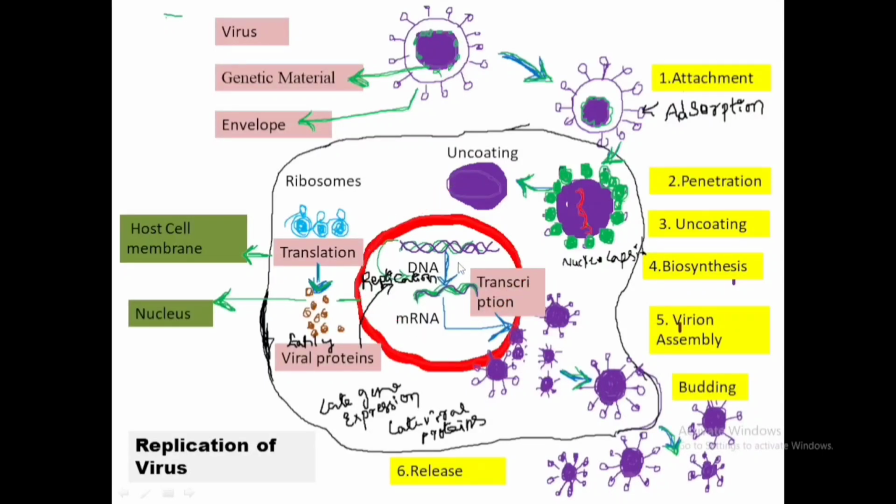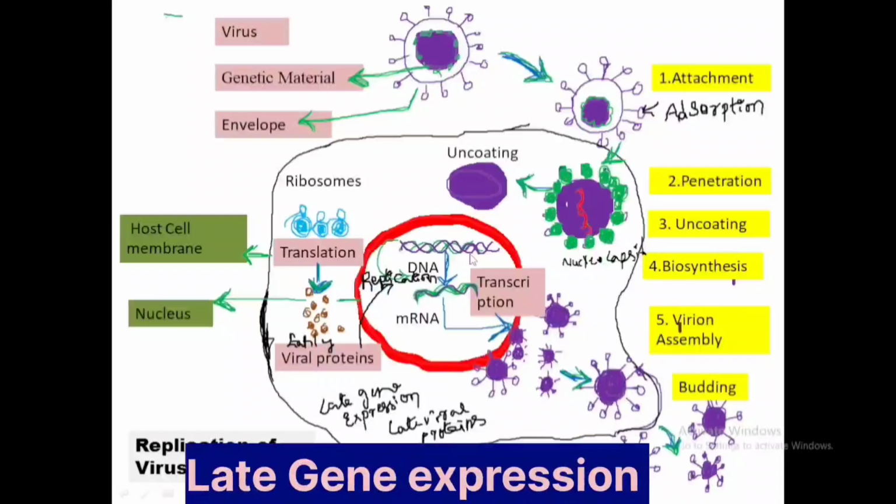All those DNA copies act as templates. Then the late gene expression process starts. All those DNA templates transcribe messenger RNA inside the host cell nucleus. After that, that messenger RNA is transported to the cytoplasm of the host cell, starts the translation process, and synthesizes the late viral proteins, another name for which is structural proteins.